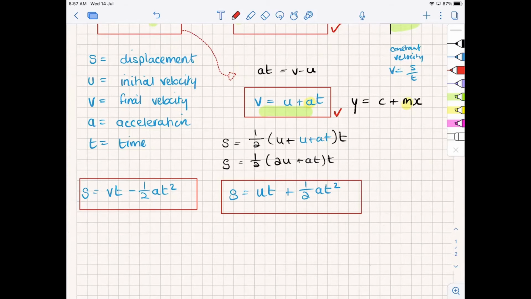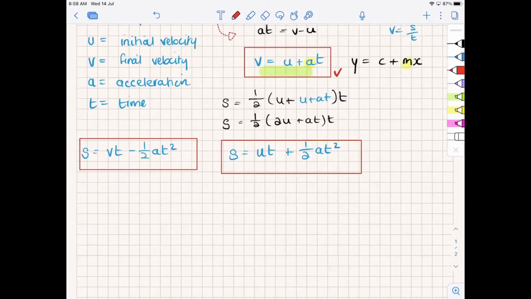So we have now made acceleration the subject of the formula, and we made final velocity the subject of the formula, and we made initial velocity the subject of the formula. Right, if we made time the subject of the formula, let's take the linear velocity function and change it quickly into a time equal to function.